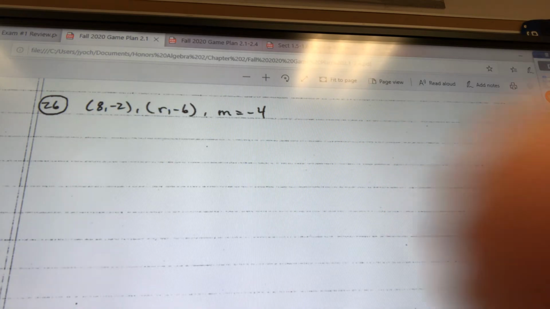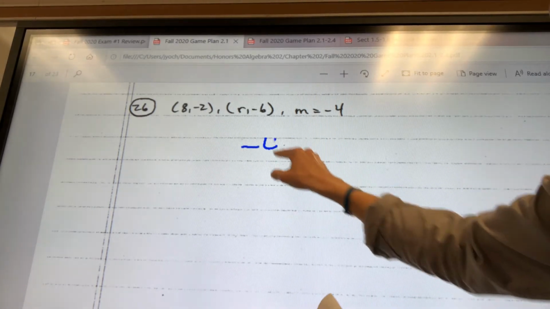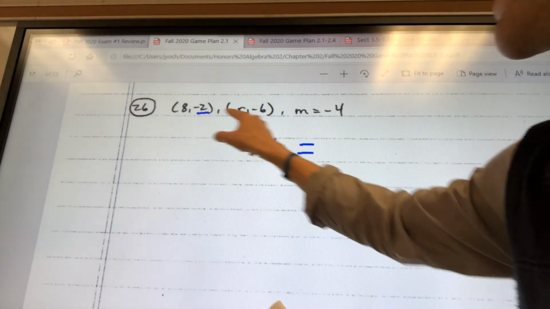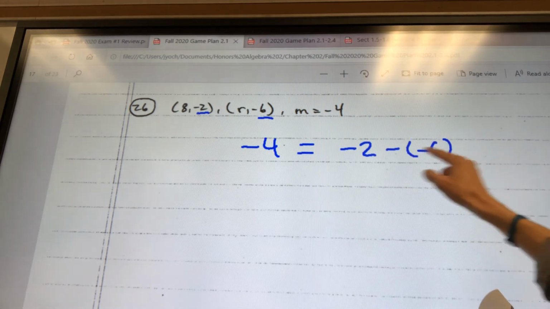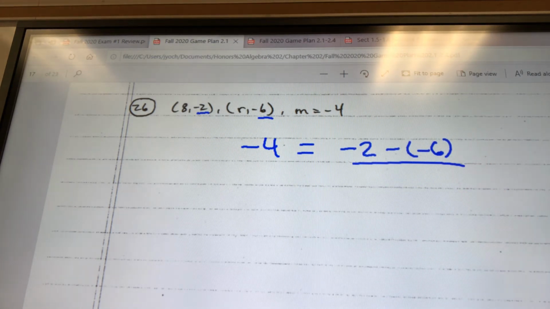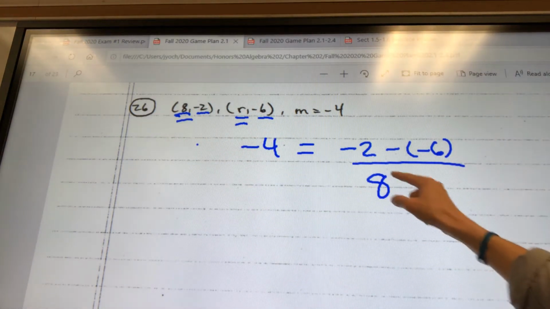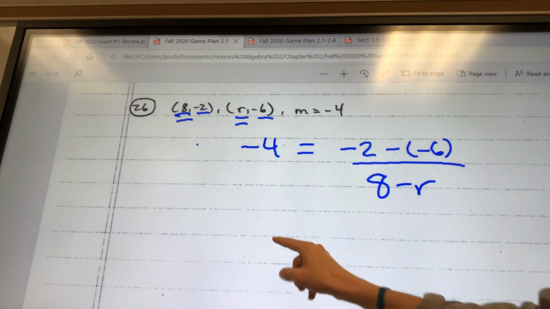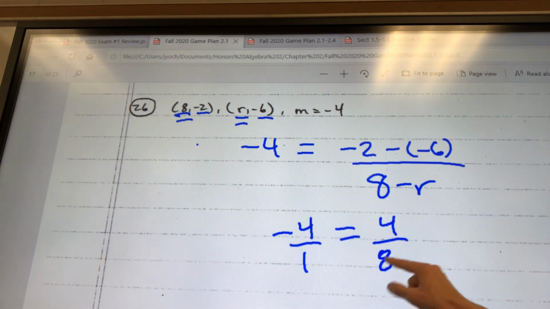All right, 26. Negative 4 is equal to, this time I do have y's, and negative 2 is bigger, so I'm going to be consistent. Bigger y minus a smaller y over that x minus r. So I do have a negative r here. That's all right. I want to be consistent. Negative 4 over 1 is equal to 4 over 8 minus r.